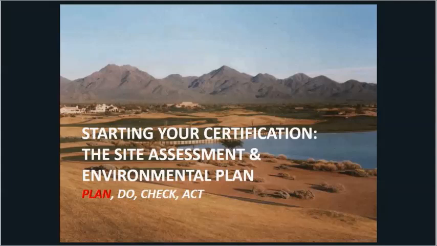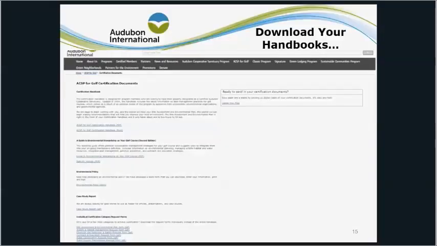So the first part, the plan section, within starting your site assessment environmental plan, which is probably where most of you are, and really the first thing that you want to think about when you're starting this process. The first thing you want to do is have that certification handbook handy in front of you. Like I said, you can download this on the certification documents through the website.